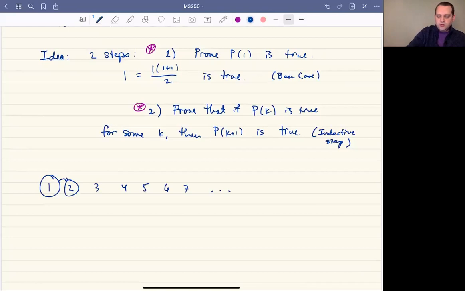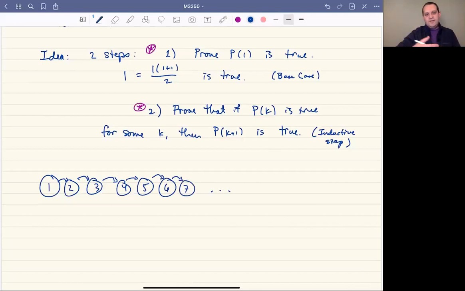Because we're using the fact that if it's true for 1, then it's true for 2. And then we know that if it's true for 2, it's true for 3. And if it's true for 3, it's true for 4, which means it's true when n is 5, which implies that this is true when n is 6, which implies that this is true when n is 7, and so on.